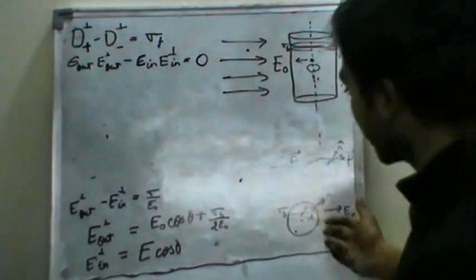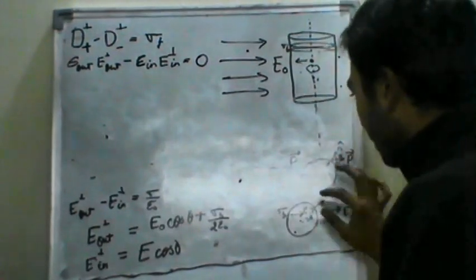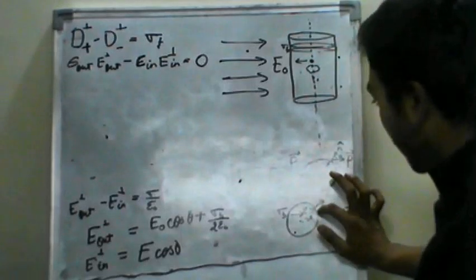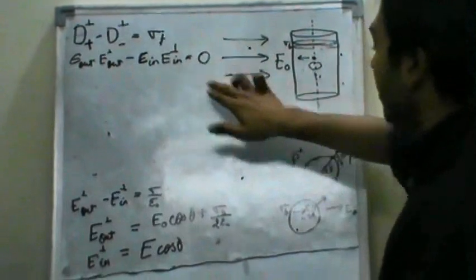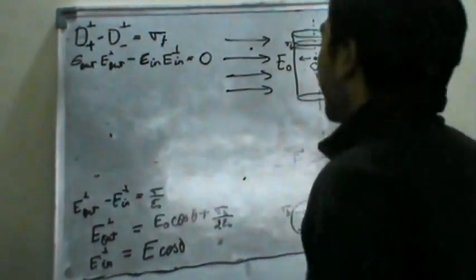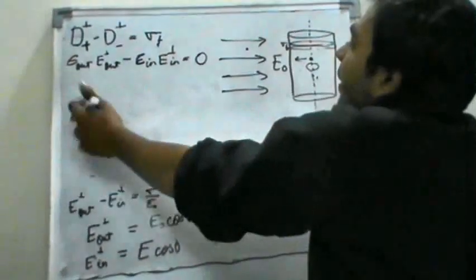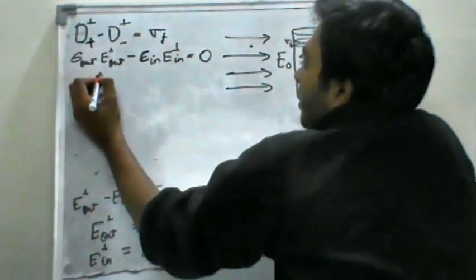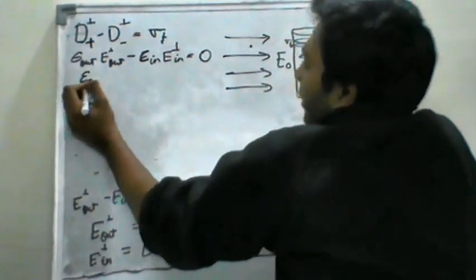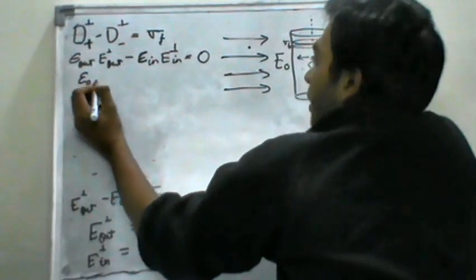In the given question we don't have any free charge, so on this boundary sigma free will be 0, and sigma b will be whatever we have calculated through P dot n, P cos theta. Now E out is just E naught, sorry, epsilon naught into E out.